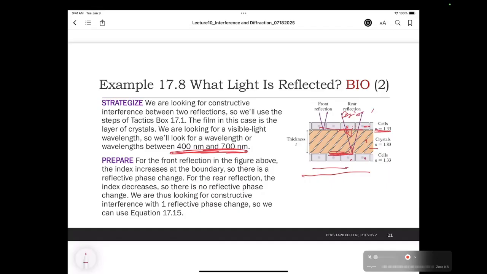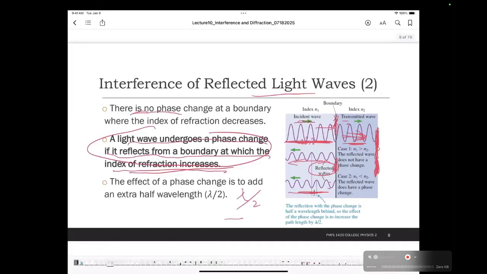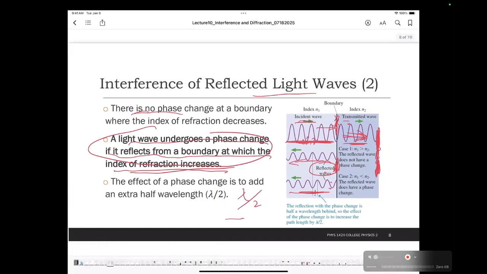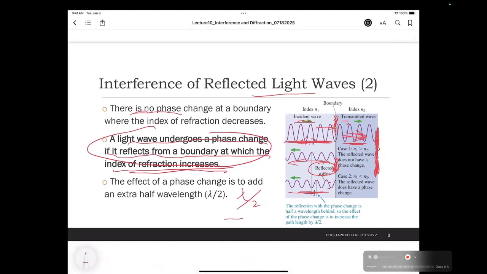As we talked about before, a light wave undergoes a phase change if it reflects from a boundary at which the index of refraction increases. Otherwise, it will not.